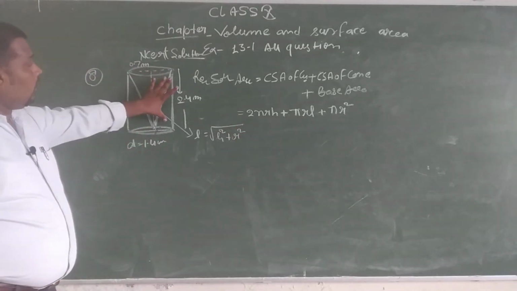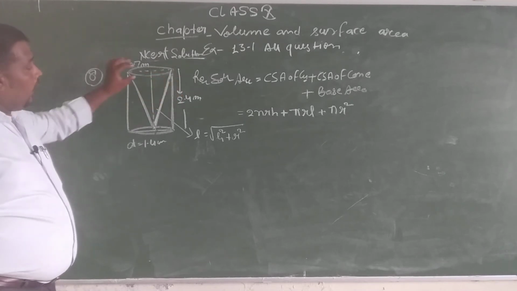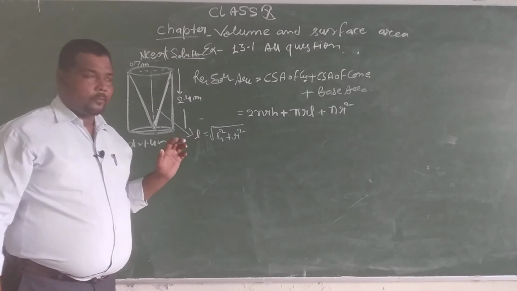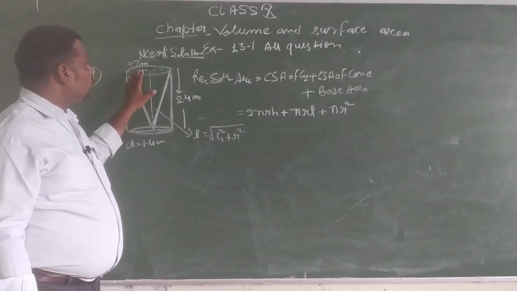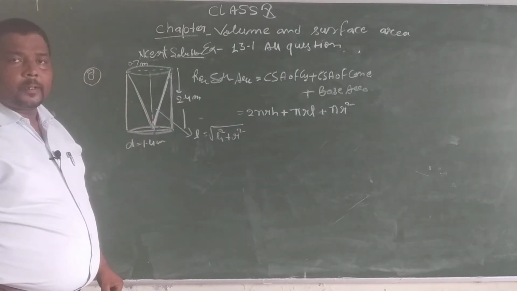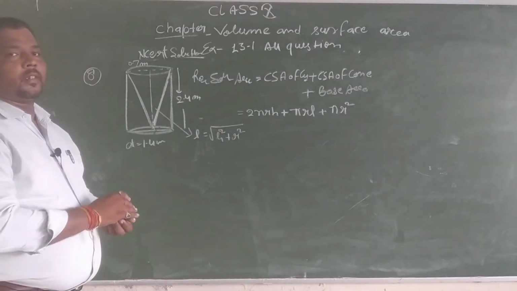You know the height of the conical portion is also 2.4 and the radius is 0.7. Utilize this and find the slant height. When you find the slant height, the radius is known, the height is known, and the value of pi is known, so you put all values, do the calculation, and find your answer.